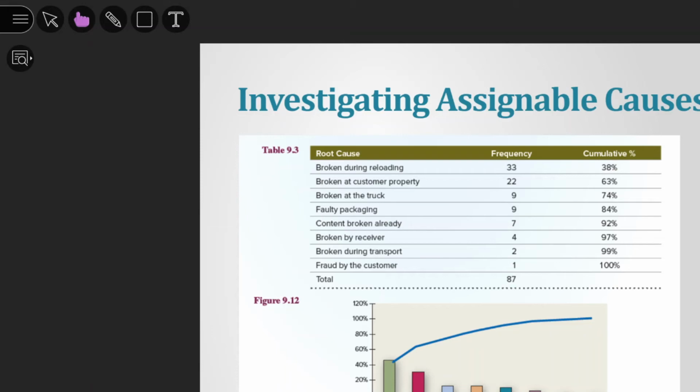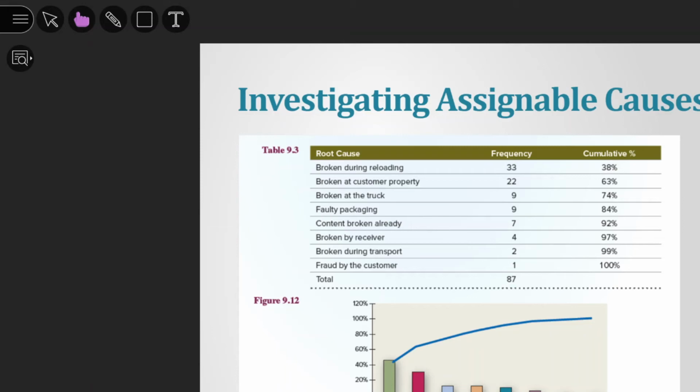Total problems are 87 root causes. Calculate the percentage of each of them. When you calculate the percentage of each, you put it on a Pareto figure, which is figure 912, as a bar. So the first one is 33, frequency 38%, which is like 40 here.